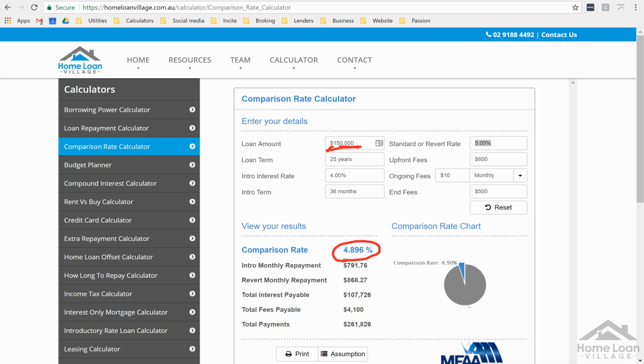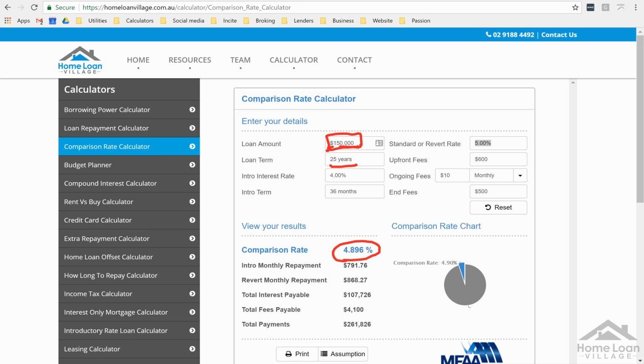Loan term, 25 years. If your loan term is very different to that, then the comparison rate might not be that good. But in particular, the comparison rate is based on a $150,000 loan amount. Majority of people have substantially more home loan debt than that. It can be a little bit misleading.